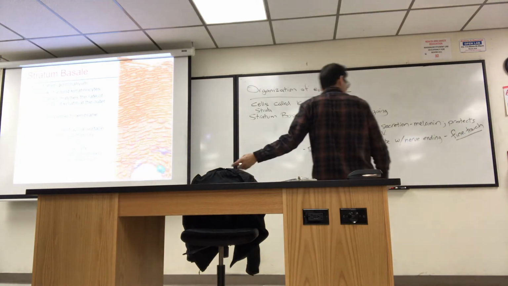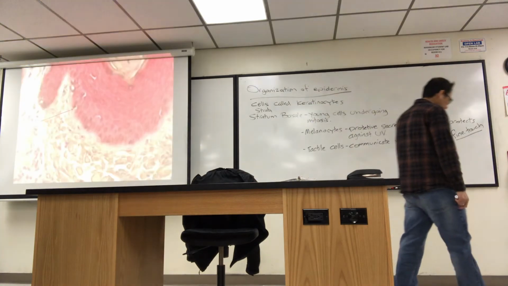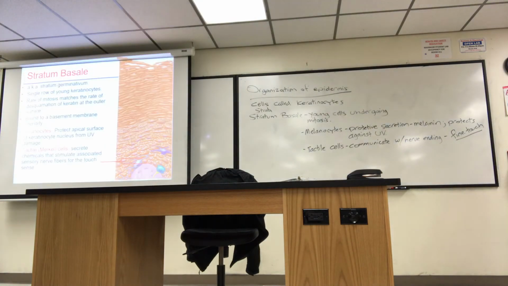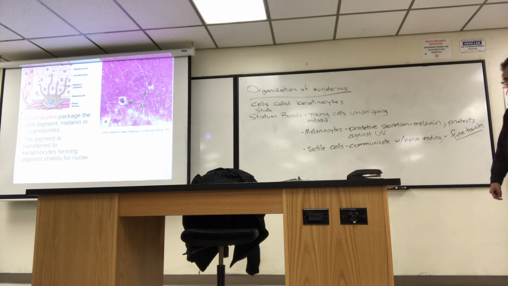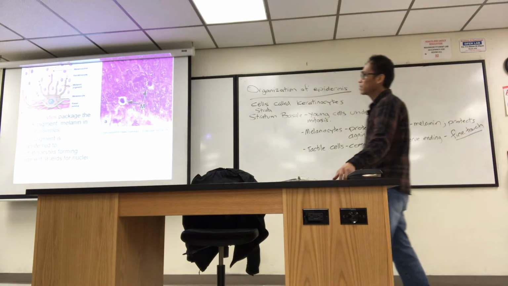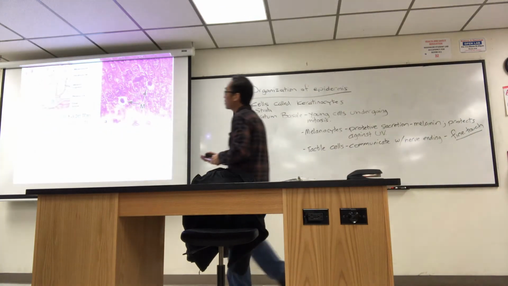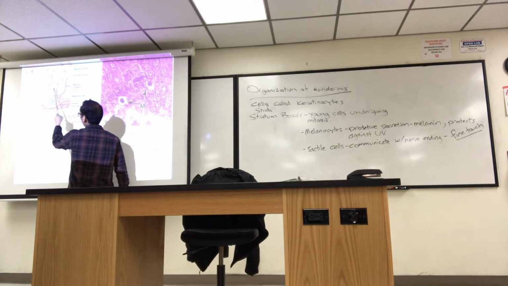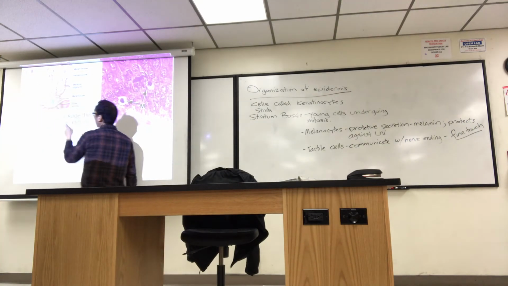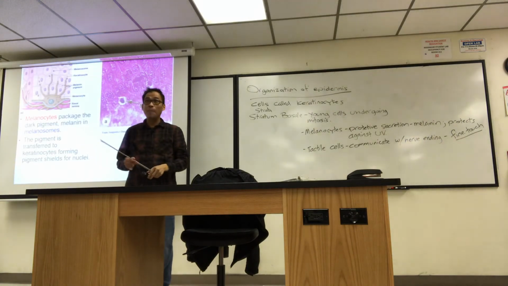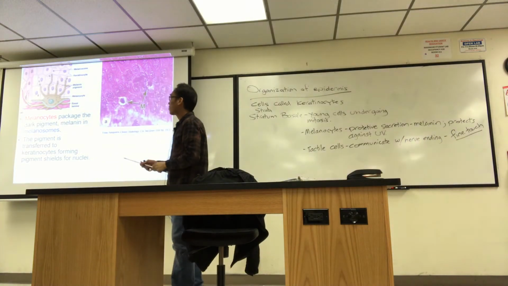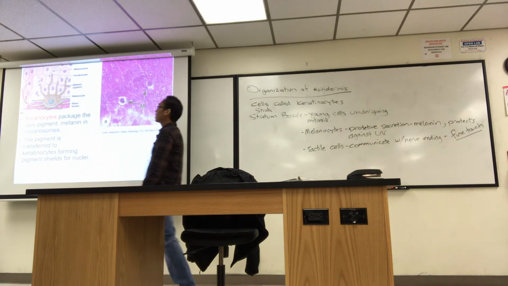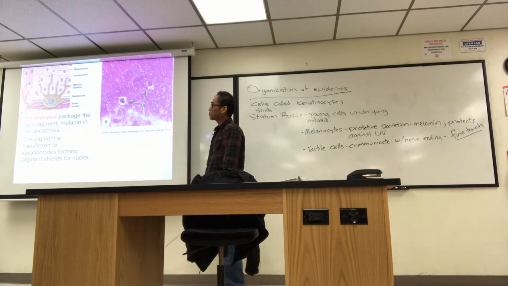Some other pictures here. The illustration on the left, I'm sorry, wrong slide. This slide, yeah. The illustration on the left, you can see the extensions from the melanocyte. They're on the bottom layer, but they extend into the upper layers. The melanin pigment gives your skin a lighter or darker appearance.